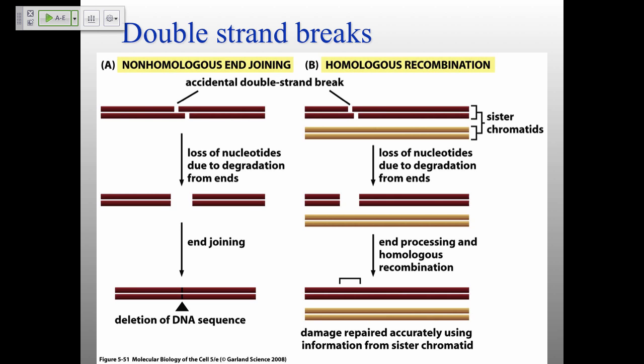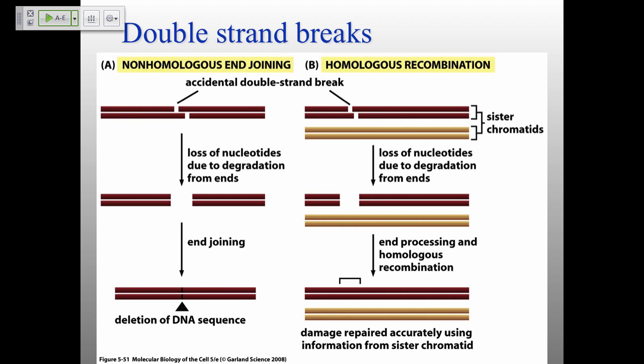If you're an organism like us, where 98.5% of our genome is not coding an important protein, you can get away with this because you can put those ends back together. The junk DNA doesn't seem to make a huge difference if you chop it and then put those ends back together.